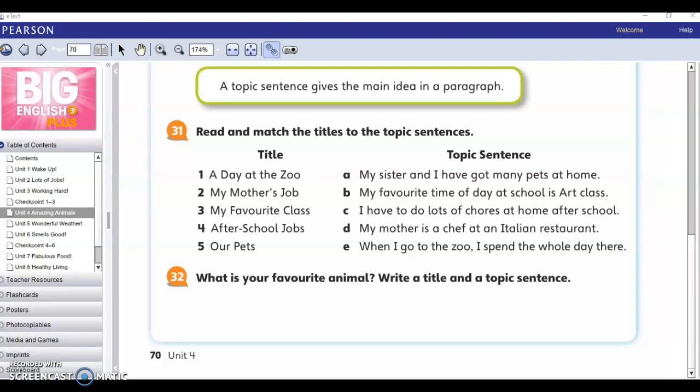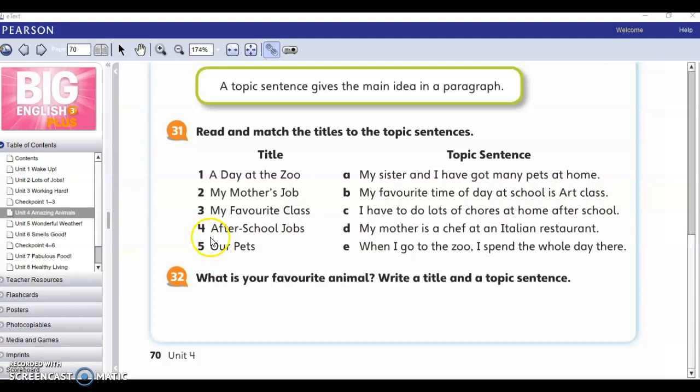So let's give the rest of the answers. So 2, my mother's job, goes with D because the keywords are job and a chef. "My mother is a chef at an Italian restaurant." Number 3, my favorite class. It goes with B. "My favorite time of day at school is art class." So the word class is common here.